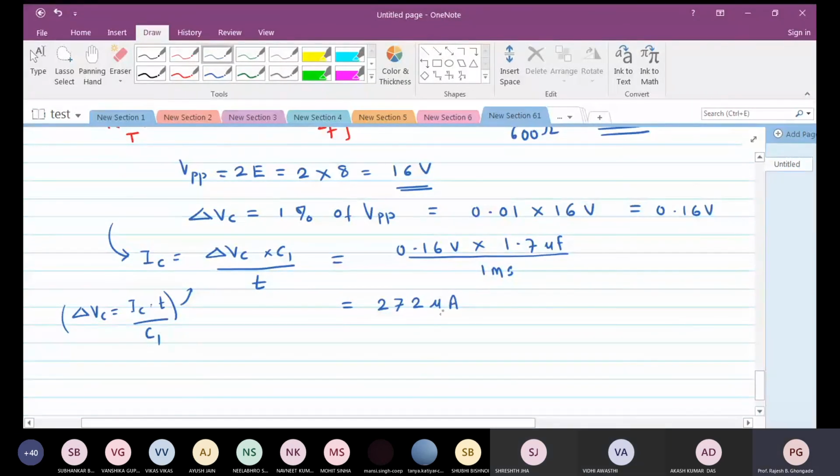So now I can calculate R1 as 2 times E divided by IC. That turns out to be 16 volts divided by 272 microampere. How much is this?